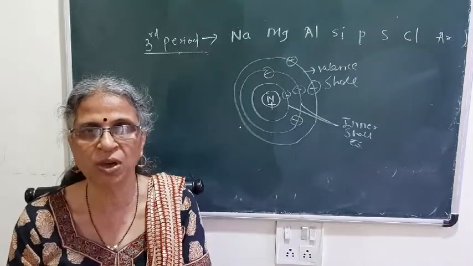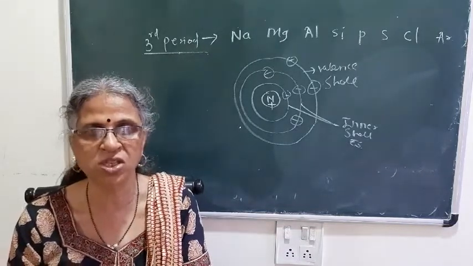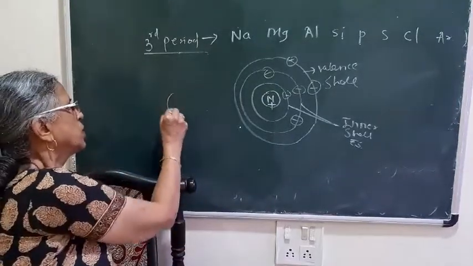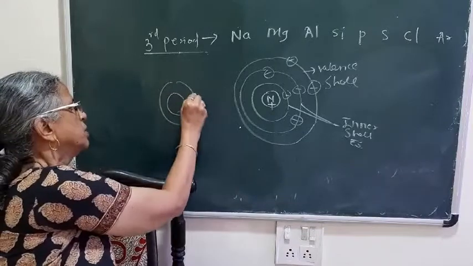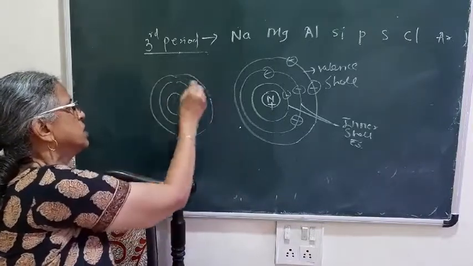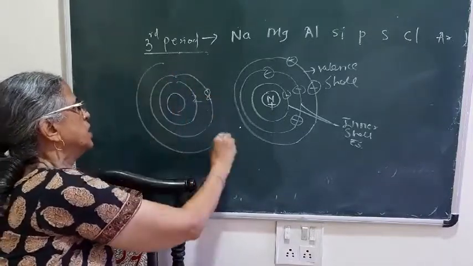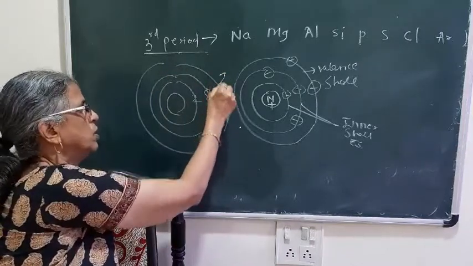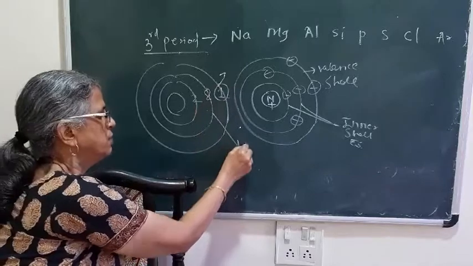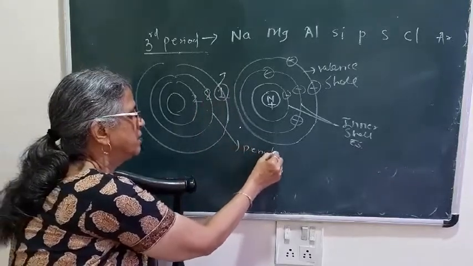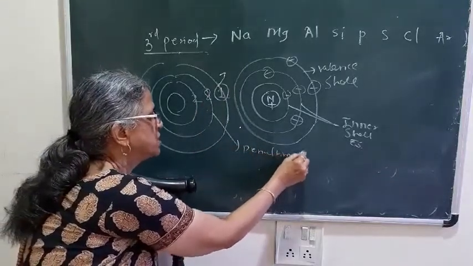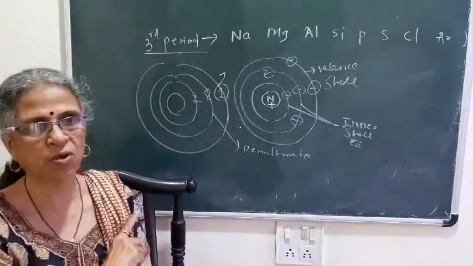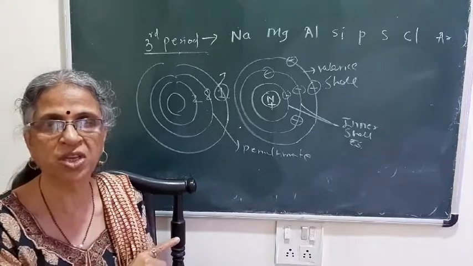Penultimate shell means after losing the valence electron, the valence shell vanishes. Suppose we have sodium. Sodium has 2 electrons in the first orbit, then 8 electrons in the second orbit, and then 1 electron in the last orbit. So after losing this 1 electron, what happens? This is the penultimate shell, and this penultimate shell becomes the last shell now, and it has an octet configuration, which is a stable configuration.